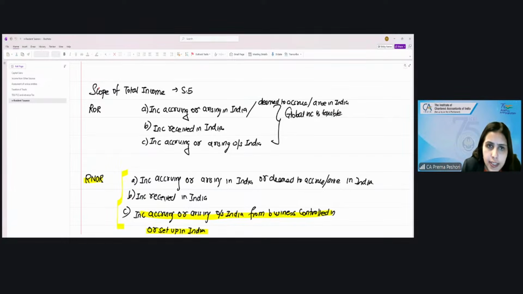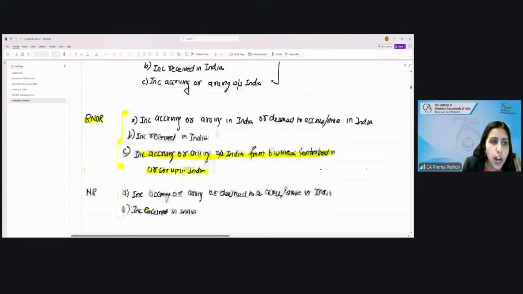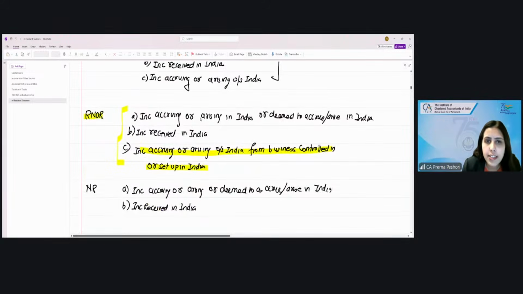Income accruing or arising, whether in India or outside India, income received in India, everything for ROR is taxable. For RNOR, income accruing or arising in India or deemed to accrue or arise in India or income received in India, and income accruing or arising outside India from a business controlled or profession set up in India.